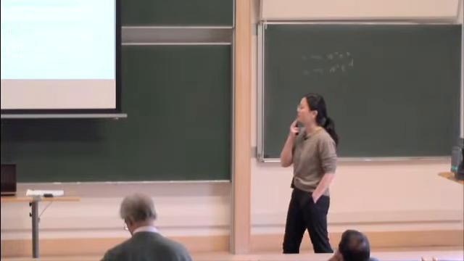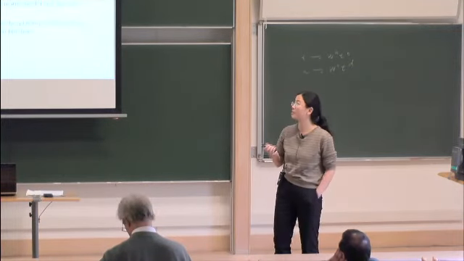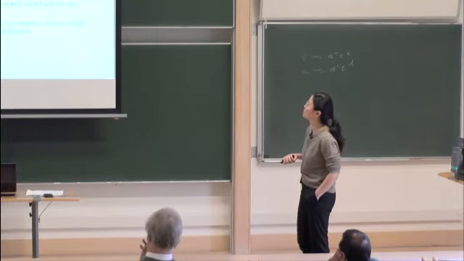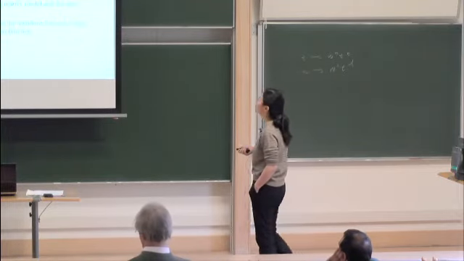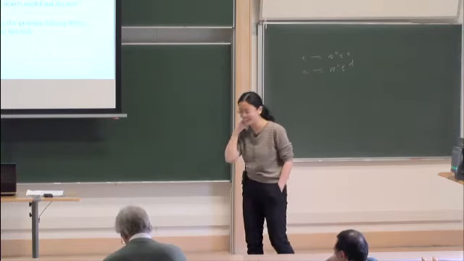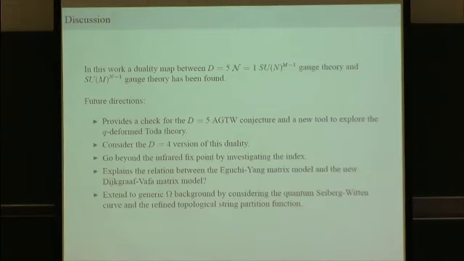So the ending remarks. In this work we have looked at a duality map between five-dimensional N equals 1 SU(N)^(M-1) gauge theory and SU(M)^(N-1) gauge theory, where you exchange N and M. Future directions would be, for instance, as I already mentioned, to look at the five-dimensional AGT conjecture.